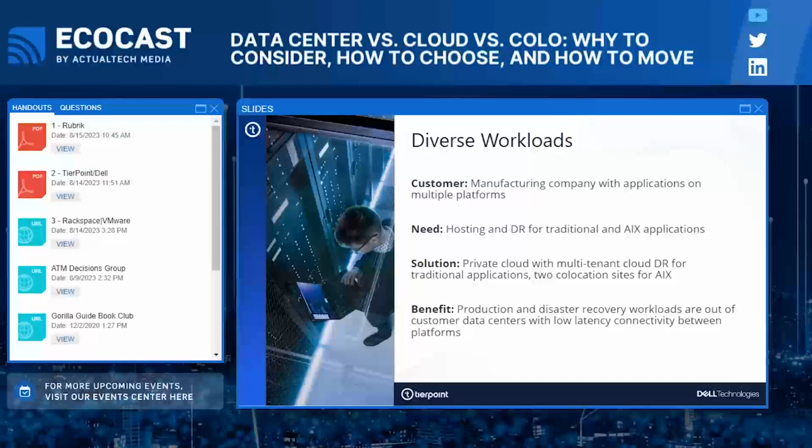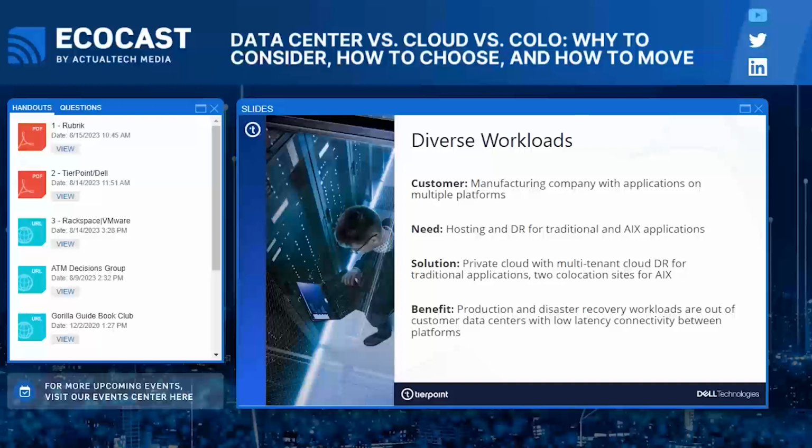Since we knew that the AIX box couldn't go into the cloud, we knew that there was going to be at least some environment in our data center, and so to optimize the connectivity and get high-speed connections between the Unix and VMware environments, we chose to deploy a private cloud for their VMware DR site. In the same data center, simple fiber running between them, so they were able to get a coherent, cohesive DR site.